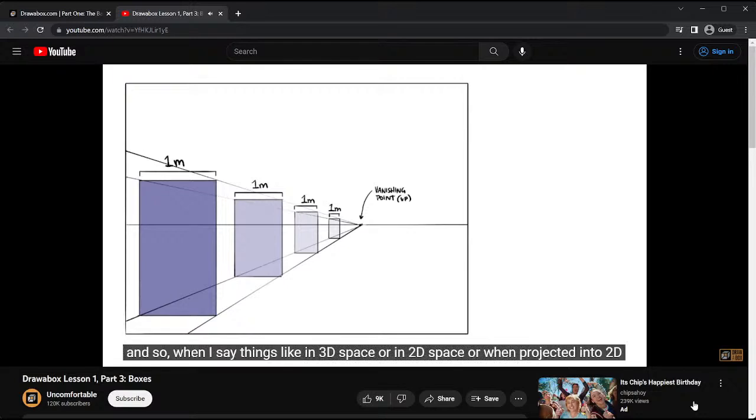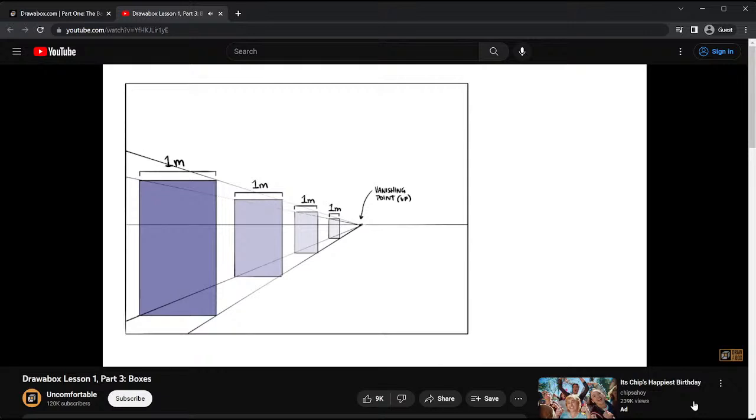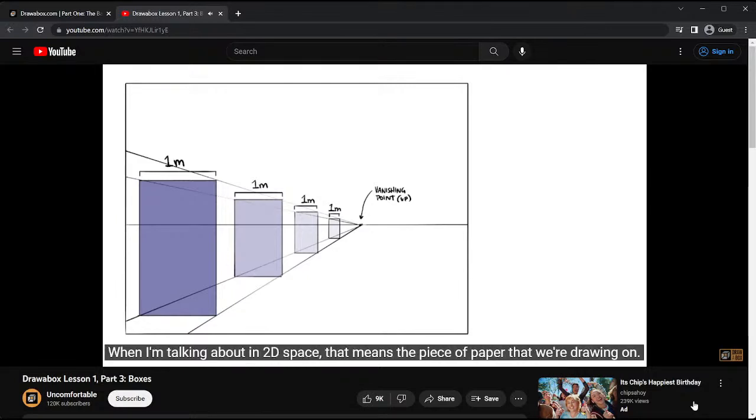And so when I say things like in 3D space or in 2D space or when projected into 2D, that's important because if I talk about lines that are parallel in 3D space, that means in the hypothetical 3D world that we are drawing. When I'm talking about in 2D space, that means the piece of paper that we're drawing on.